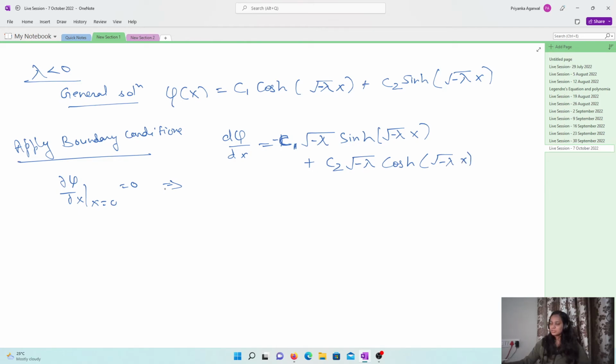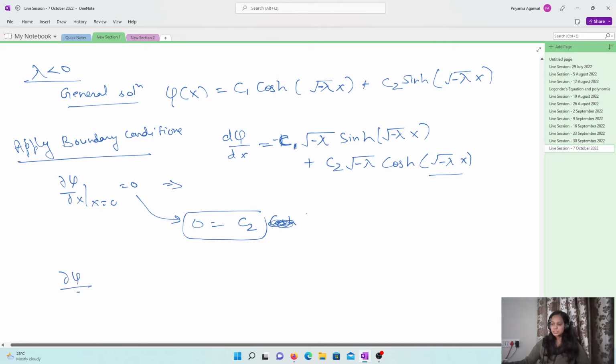Okay, so if we apply this boundary condition, if we substitute x equal to 0, this term vanishes and this becomes 1. Then we have 0 equal to C2 cosh 0, so this becomes 1. So we have C2 equal to 0.